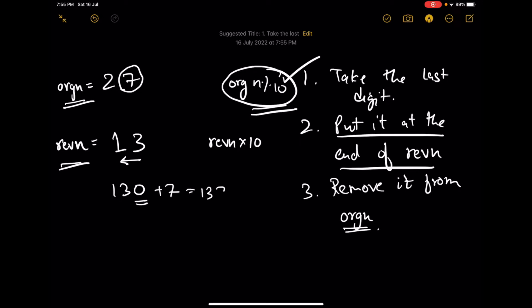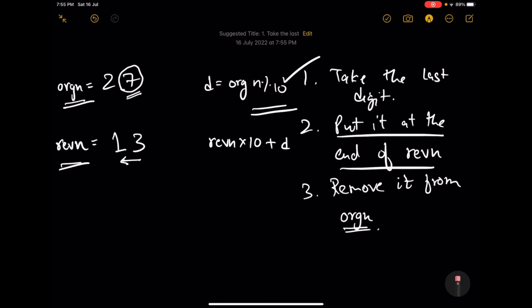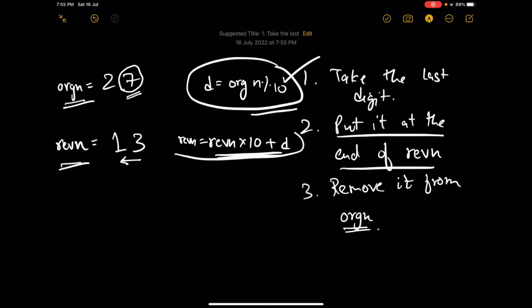So I'll get 137. That's how you put this digit that you extract from ORGN at the end of reven. So that's going to be reven into 10 plus this digit D, let's say if this digit is D. So this should be the new value of reven, right? We'll just write reven is equal to reven into 10 plus D.